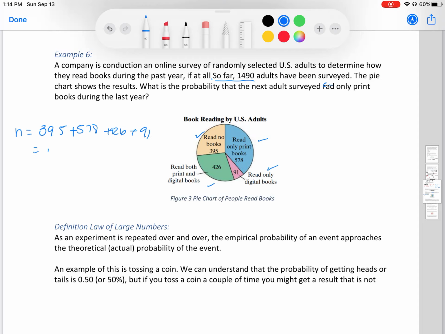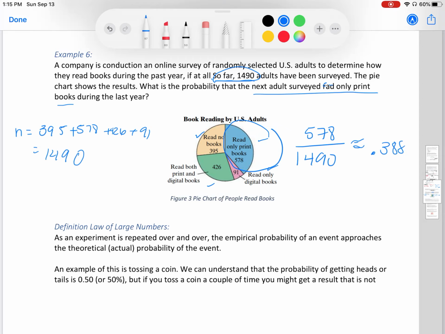If we add them, we get 1,490. That's our total, right? Our amount surveyed. Our question asks for what's the probability that they read only print books. Only print books, well, that's right here. That's 578. So 578 divided by 1,490, that gives us, we punch into a calculator, and you can round. So it's about 0.388.